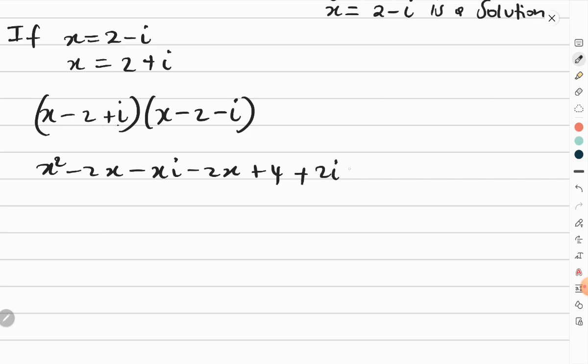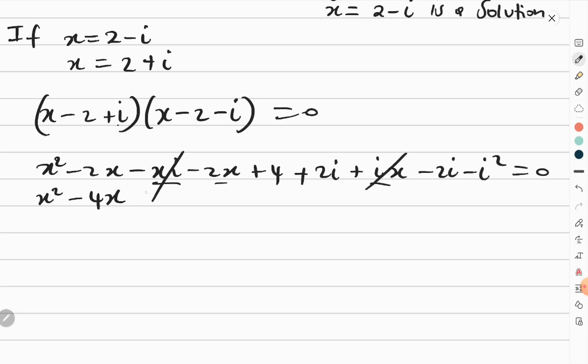Then we have ix, then minus 2i, then minus i squared. This is equal to 0 for now. Then we have x squared, and these two give us negative 4x. Then this one and this one seem to cancel each other, and we also have this one and this one cancel each other as well.